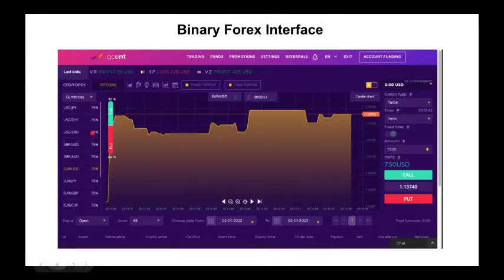Okay, now on the left hand panel we have various currencies that you can invest or trade on. We have the USD JPY, the USD CHF, USD CAD, GBP USD, GBP AUD. All these are assets that are valuable to trade at this time.